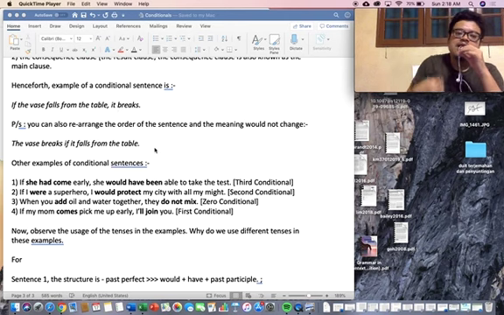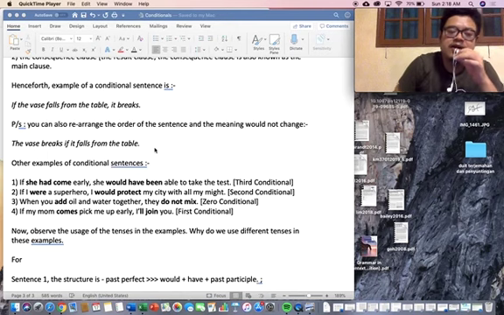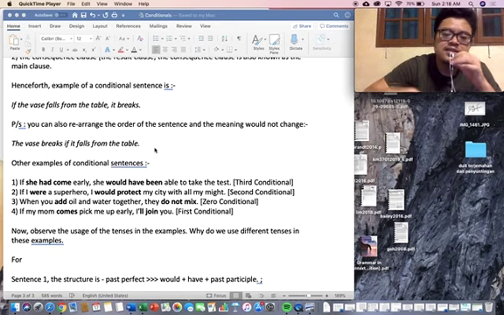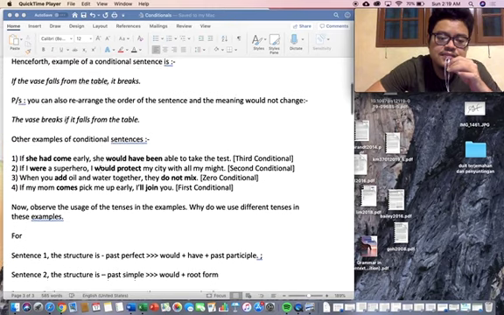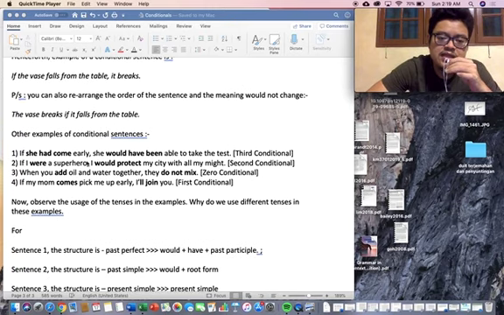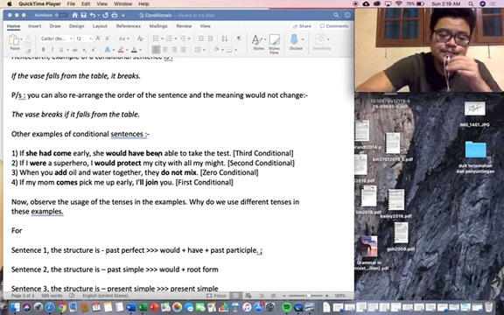There are other examples of conditional sentences here. If she had come early, this is the conditional clause, the condition. She would have been able to take the test, this is the result clause. So the condition is, if she had come early, she would have been able to take the test.